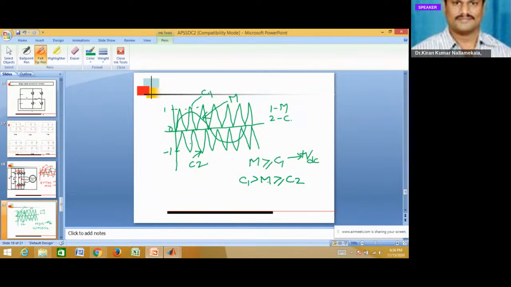That means M is less than C1 and greater than C2. Then the generated pulse is equal to 0 voltage level.